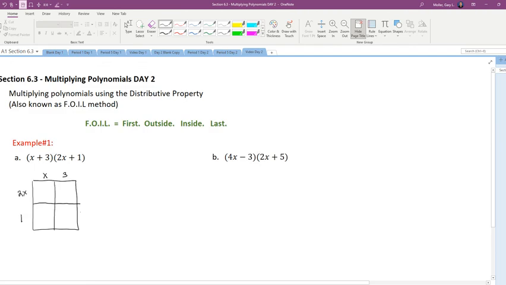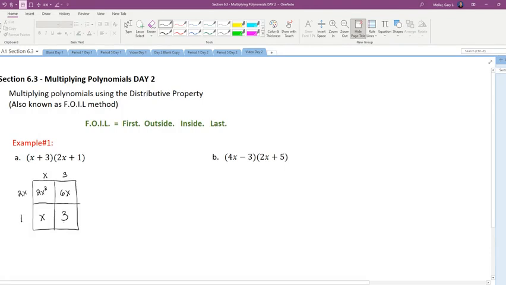Now, let's just do the area here. 2x times x is 2x squared. 2x times 3 is 6x. X times 1, I'm sorry, what am I doing? X times 1 is x, and then 3 times 1 is 3.